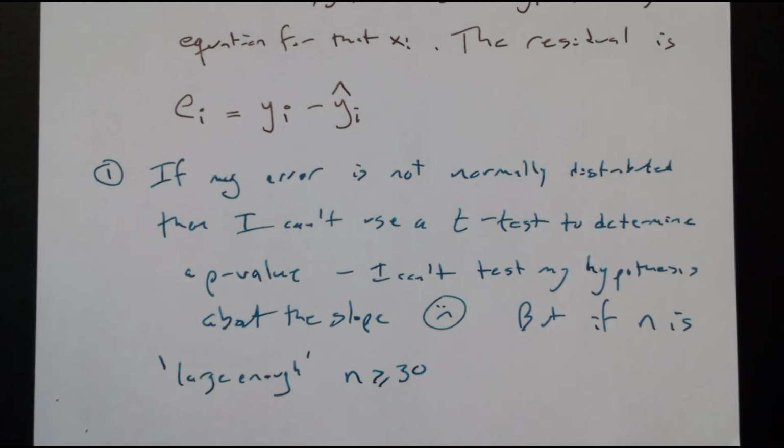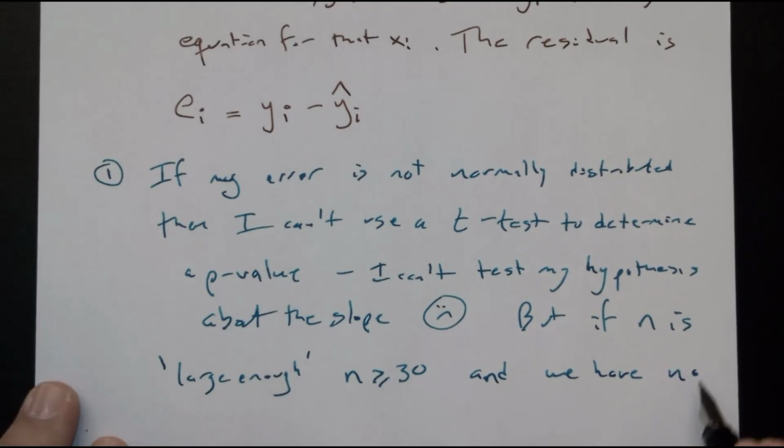But I also need to know one other thing. I need to know that my number of outliers, or extremely off-the-line values, is small. N is large enough, and we have, I lost the phrase, no extreme outliers.